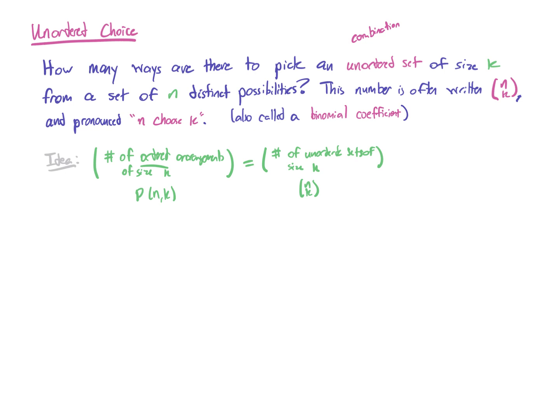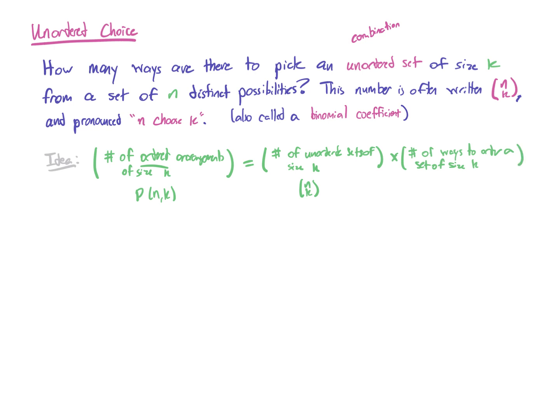And then once we've picked an unordered set of size k, we can turn it into an ordered arrangement of size k just by picking an order. So we're going to make this sequential choice where first I pick the set, and then sequentially I order it in some way. So my next factor here is the number of ways to order a set of size k.